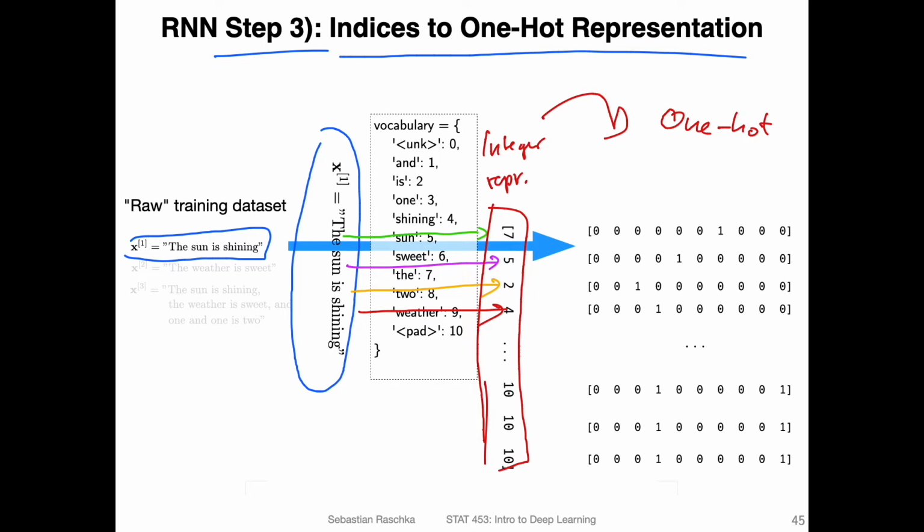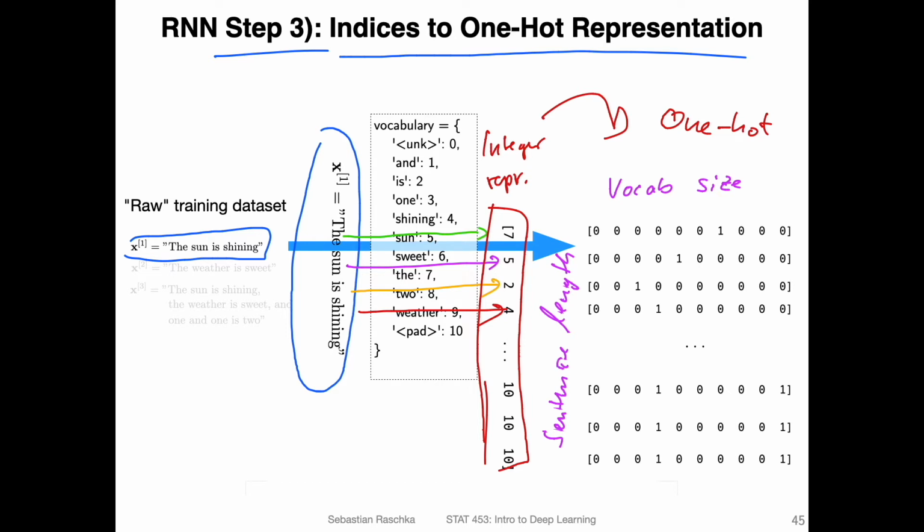So how does it look? We would essentially have a matrix, for one training example. The columns would be the vocabulary size, and the rows would be the sentence length.